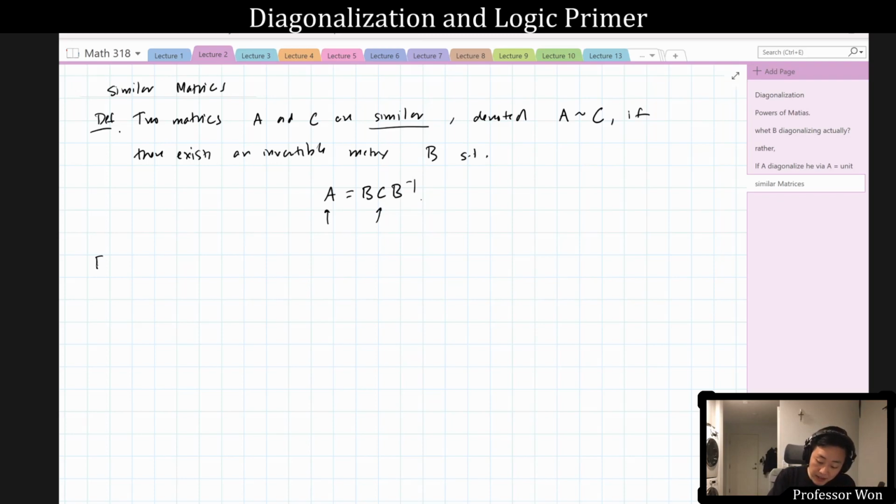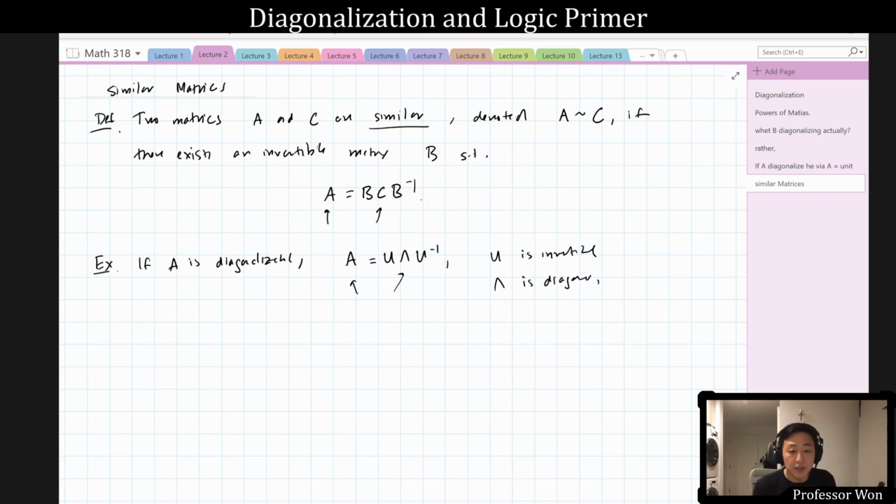So the first example is if A is diagonalizable, then you can write A as U lambda U inverse, where U is invertible and lambda is diagonal, which means that A is similar to lambda. So the definition of diagonalizability is the same as saying a matrix is diagonalizable if and only if it's similar to some diagonal matrix, right?